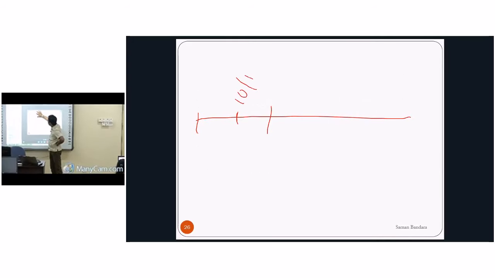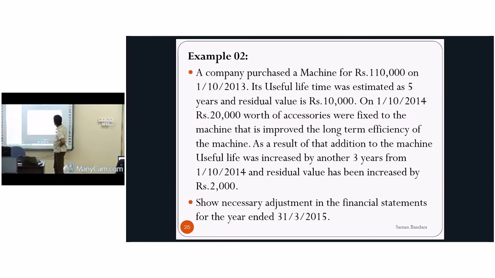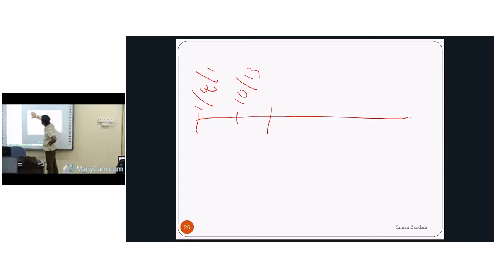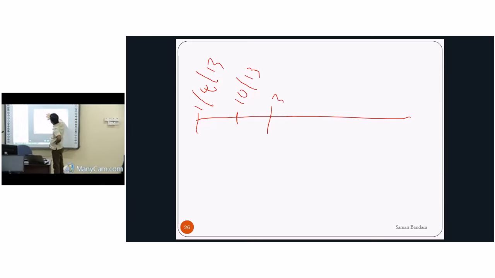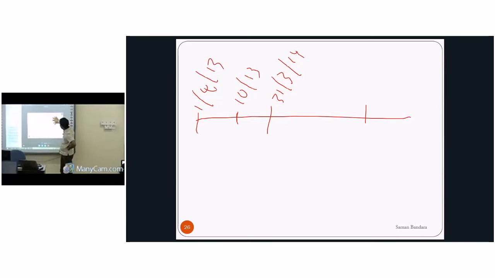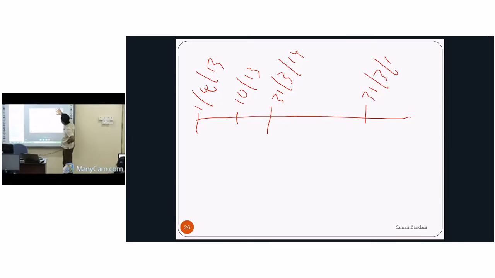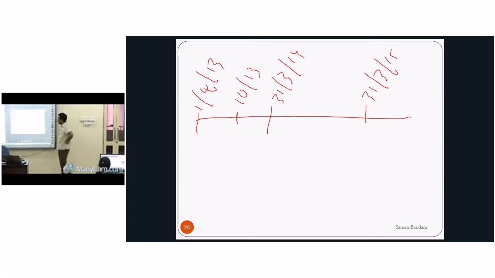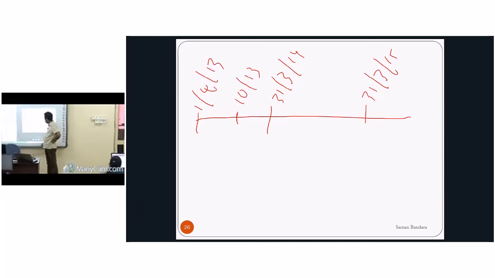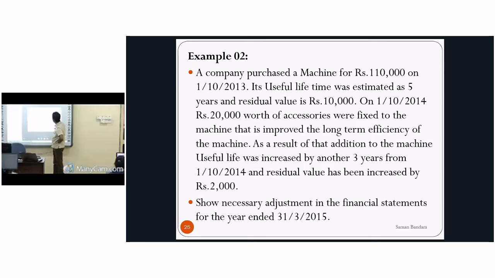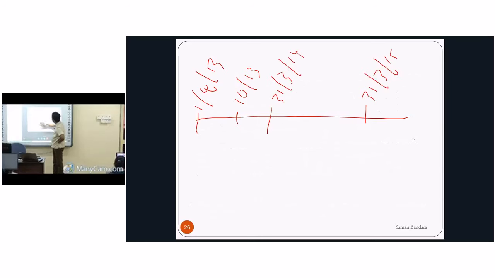Our accounting year started from 1/4/13 and goes to 31st March 14, and the next year will be 31st March 15. These are the years, right? This machine was purchased on this date.